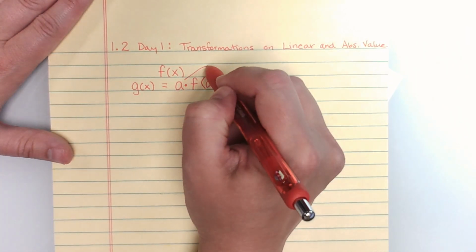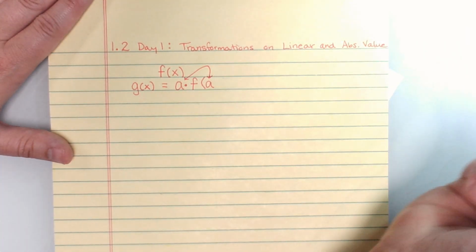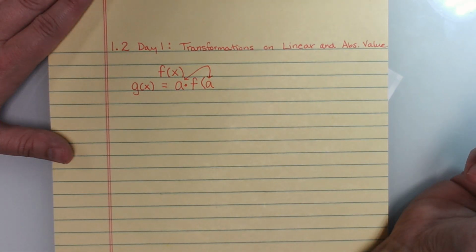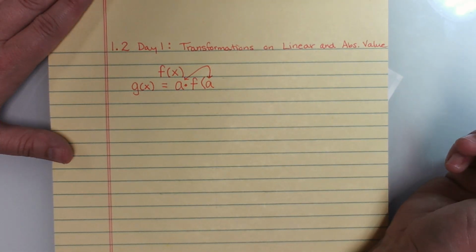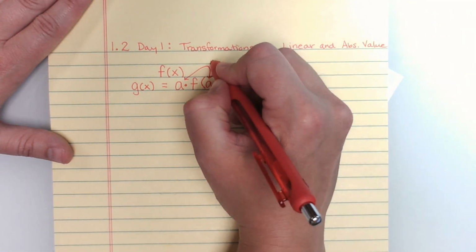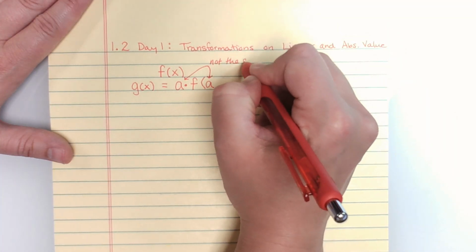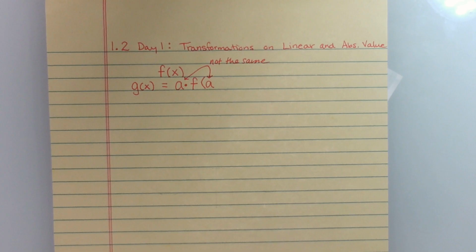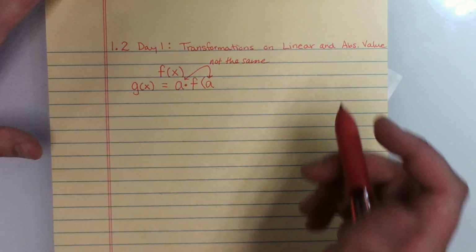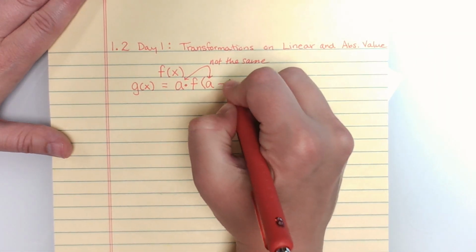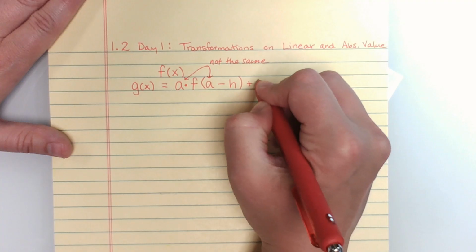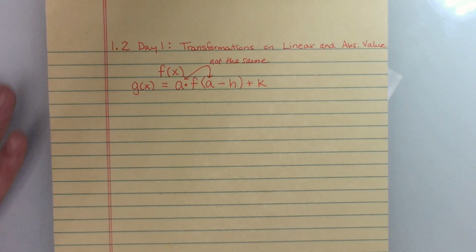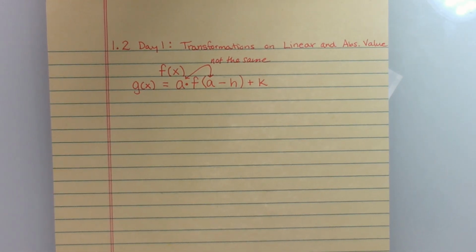Now, I don't know why they put a in both places instead of changing its letters. They just do. Those aren't the same. I know it gets confusing. We'll talk about it a little bit more. And then they subtract and add things both inside and outside the parentheses.